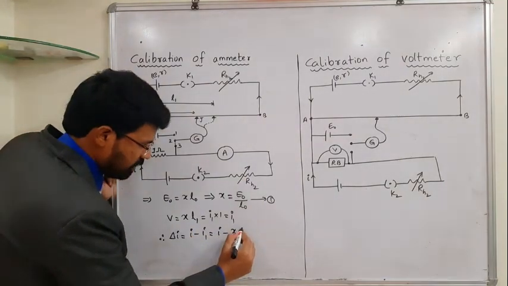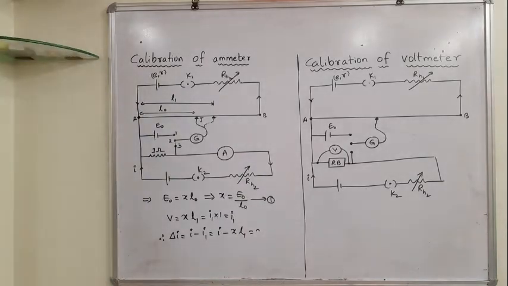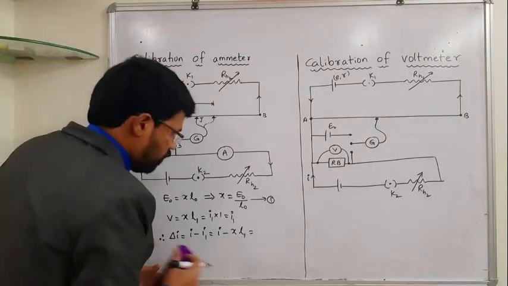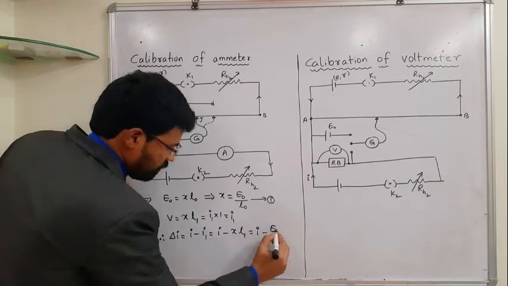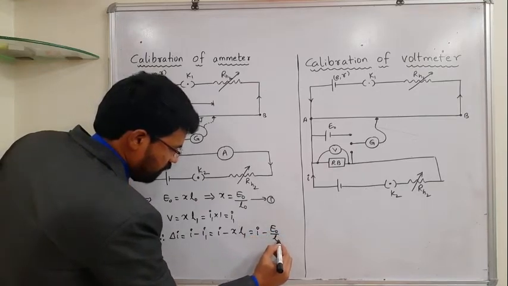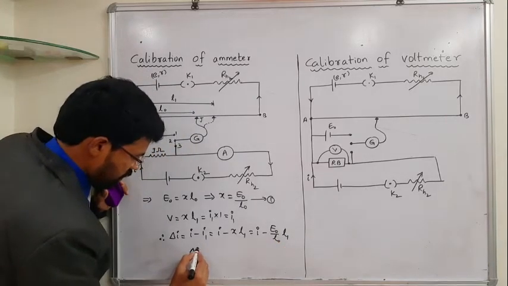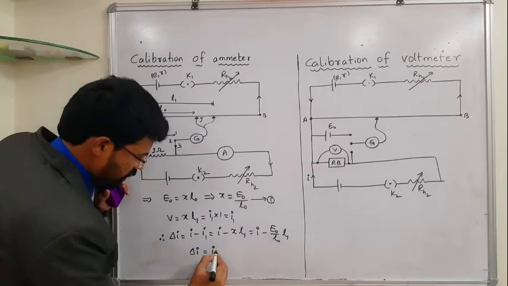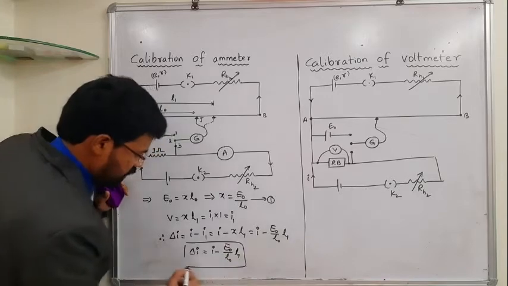We know X is equal to E0 by L0. Therefore, the error in the current is I minus E0 by L0 into L1. That's how you can identify the error.